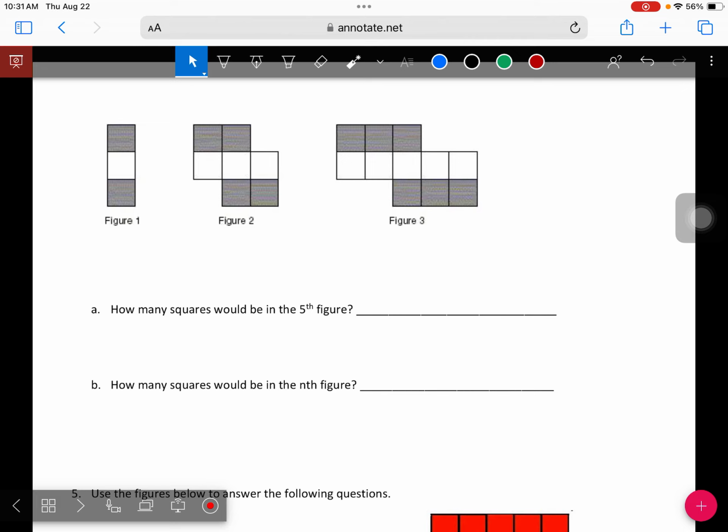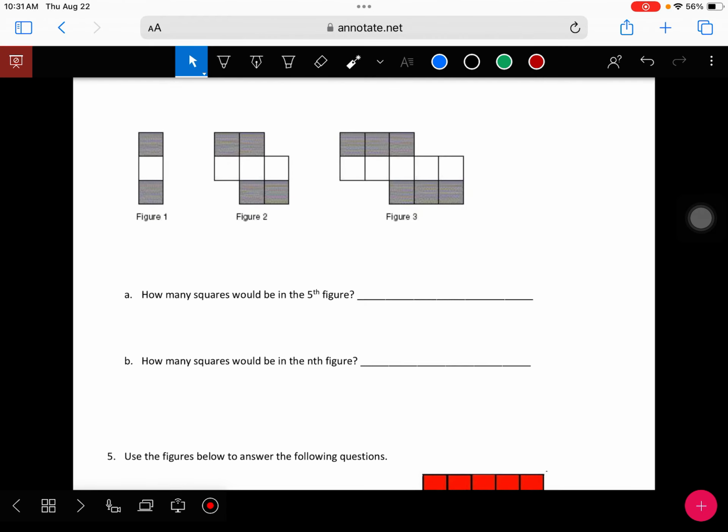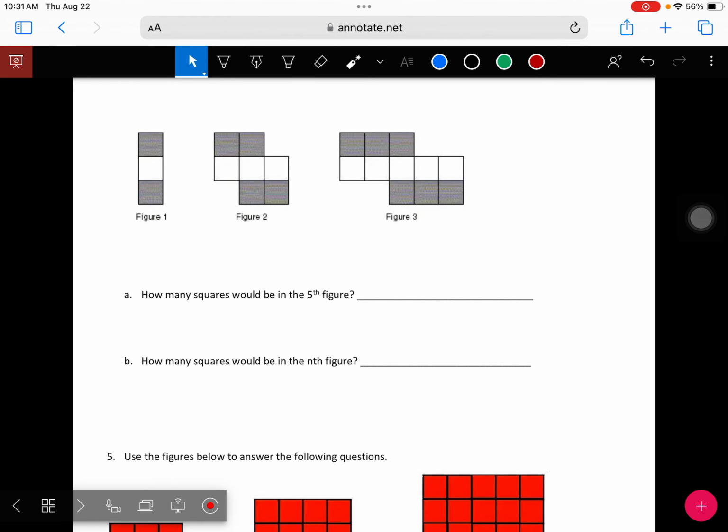So everybody focus on this for just a couple of minutes, and let's see if we can find someone who can tell us how we can figure out the number of tiles in the fifth figure and the number of squares in the nth figure. What? They go up 4 each time. Oh, did you hear what he said?